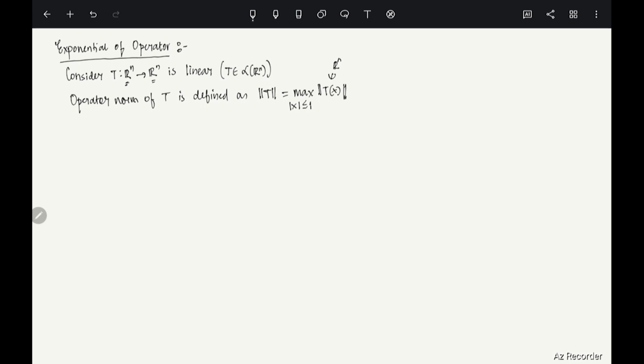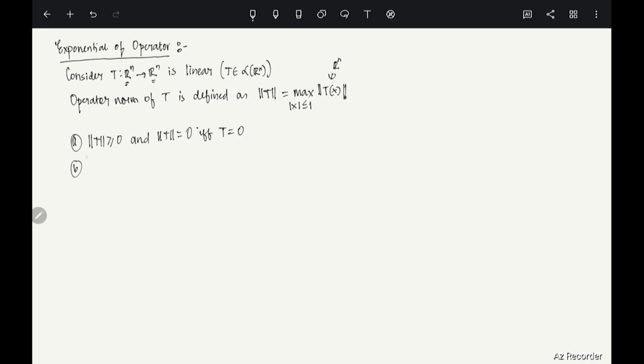Clear? Now we also know that there are some properties of the norm, and it satisfies the usual properties. The norm of T is always greater than or equal to 0, and the norm of T is 0 if and only if T equals 0, so it satisfies all the norm properties.